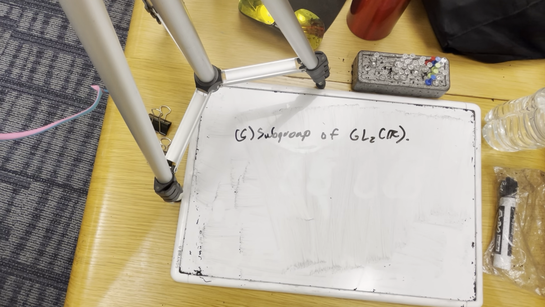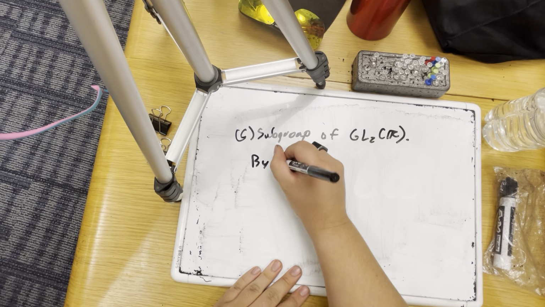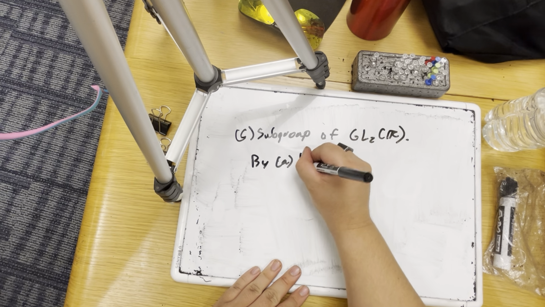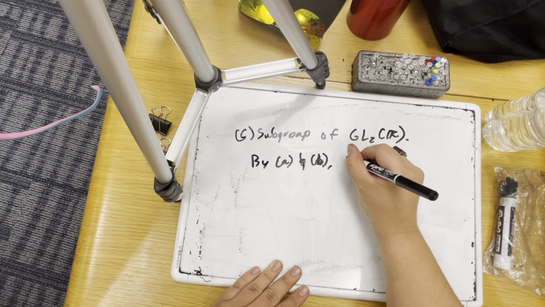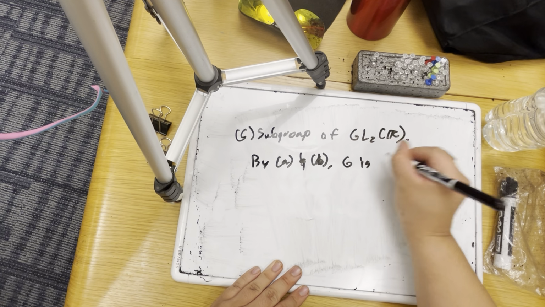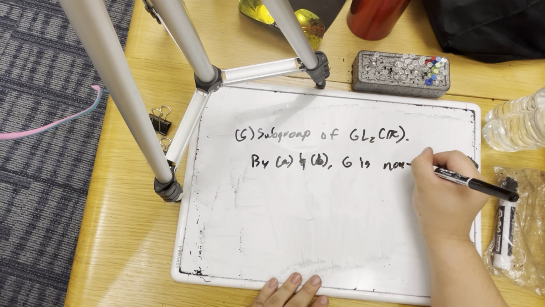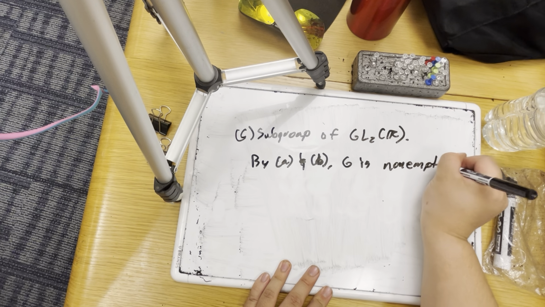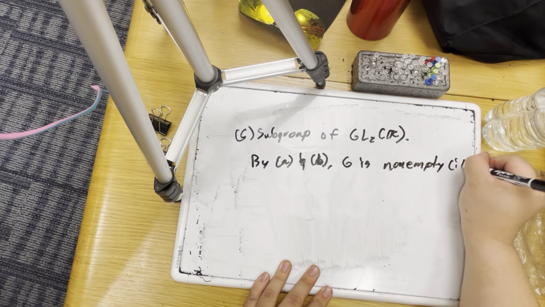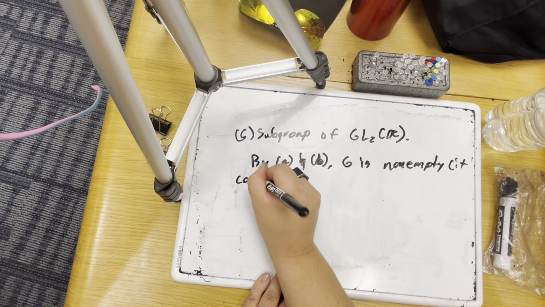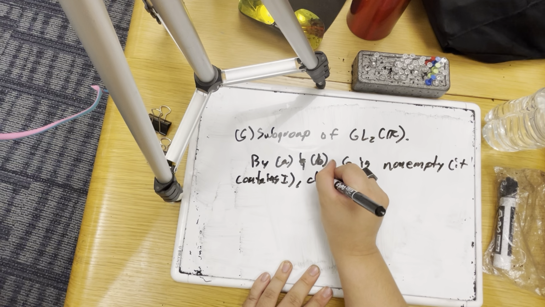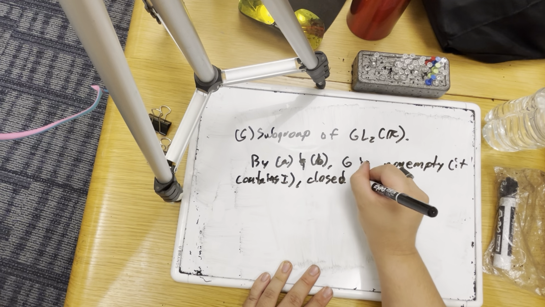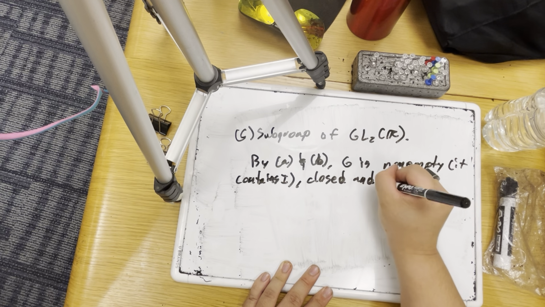And so by A and B, G is a series of things. It's non-empty, for one thing. It contains I, right? So it's closed under multiplication and inverses.